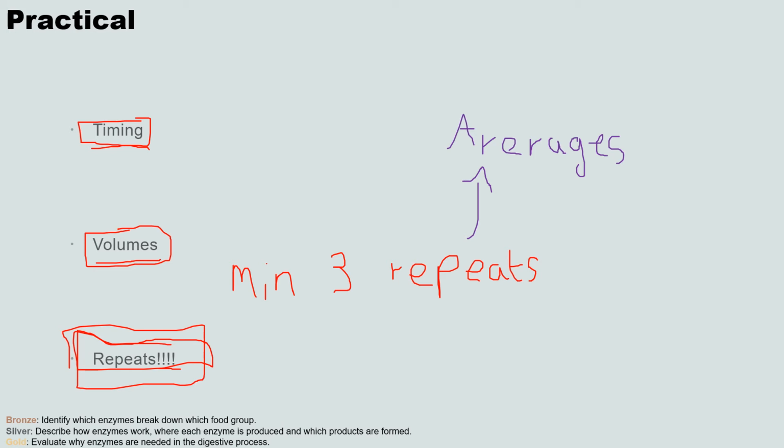So if you've got, say, a result that you'd expect 7 minutes for, and you got 3 results which were 7, 7.2 and 5, you can clearly see that the 5 is not in the ballpark of the 7 that is expected. So the 5 would be an anomaly.